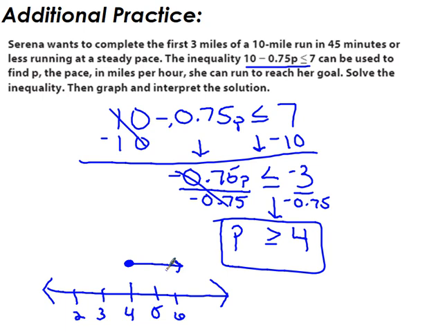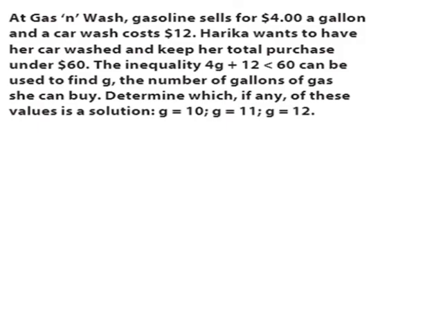Another one here. This one's a little bit different. At the gas and wash, gasoline sells for $4 a gallon, and a car wash costs $12. So Harika wants to have her car washed and keep her total purchase under $60. So here's our inequality. This is what we're going to solve. Here's what's different about this one though.